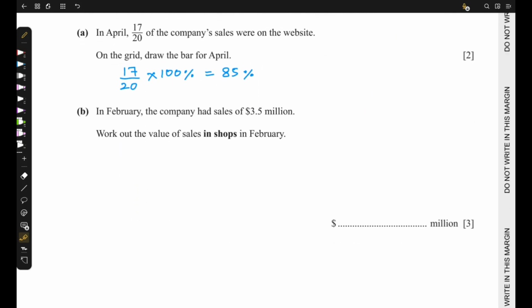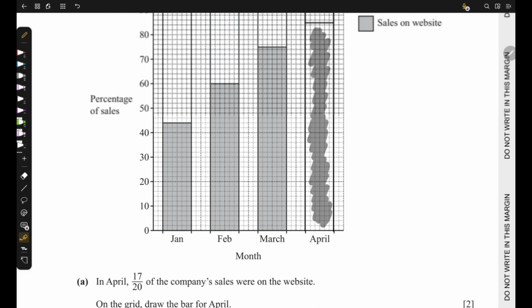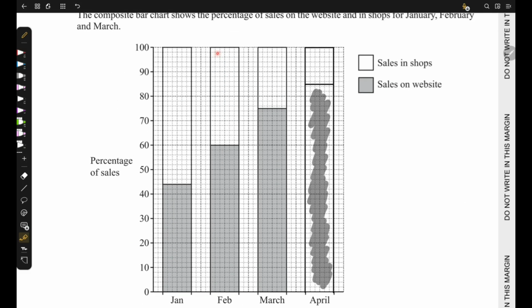In the second part, in February, the company had sales of $3.5 million. Work out the value of sales in shops in February. So this is basically total sales. $3.5 million is total sales. Now for the sales in shops in February, you can see that the percentage of sales in shops in February is from 60 to 100, it's 40%.